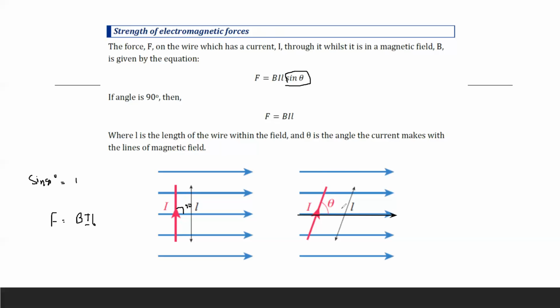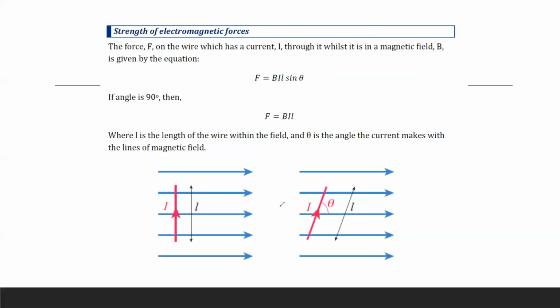You can resolve the magnetic field or you can resolve the length. The one next to the angle will be L cos theta, and the one opposite the angle will be L sin theta. So L sin theta is the perpendicular component to the magnetic field. That's why F equals BIL sin theta.